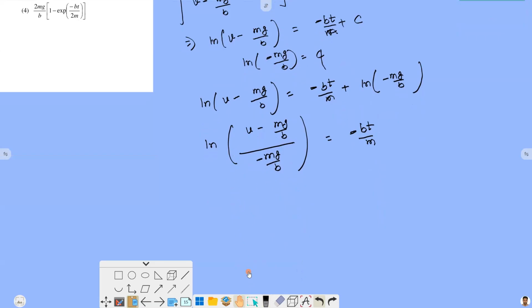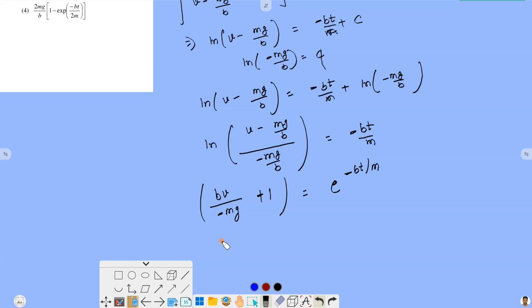If I take an antilog, it will look like this: v by minus of mg by b, with negative negative divided, so this will be positive 1, and this will be e raised to power minus bt by m.